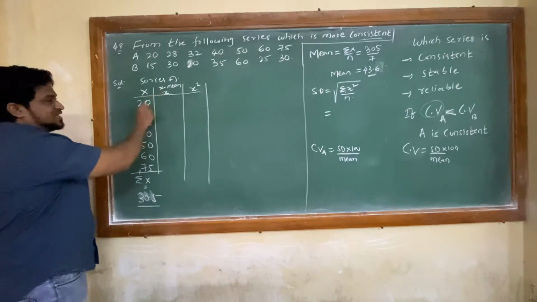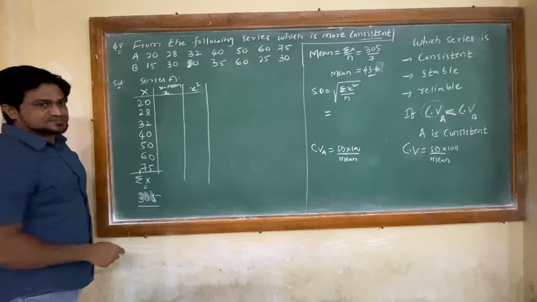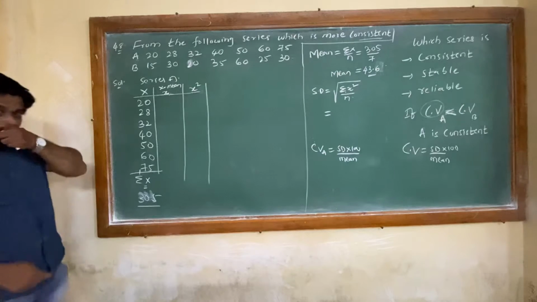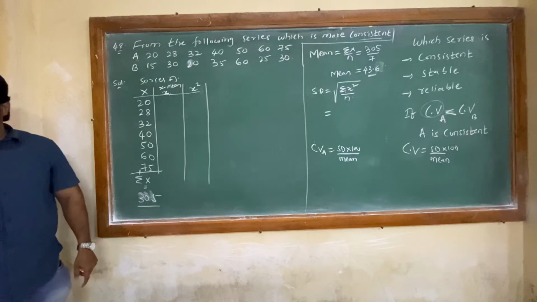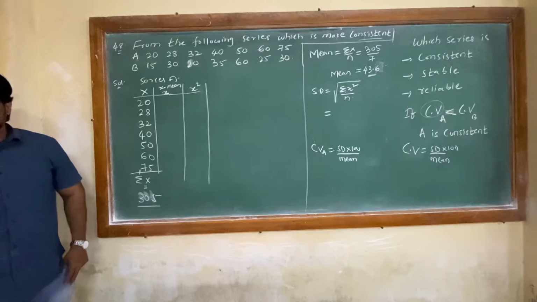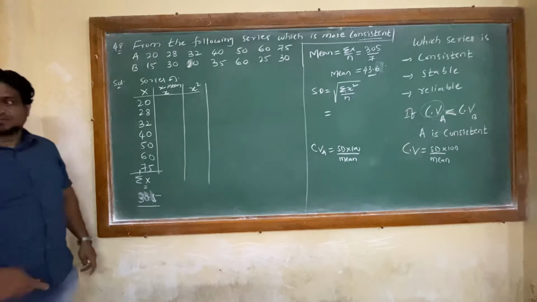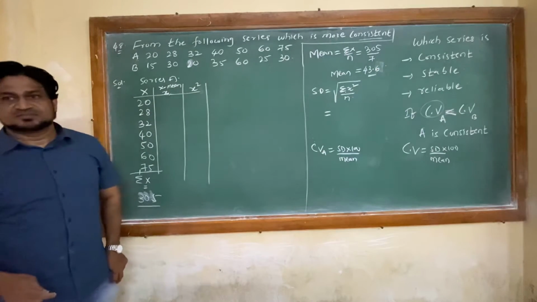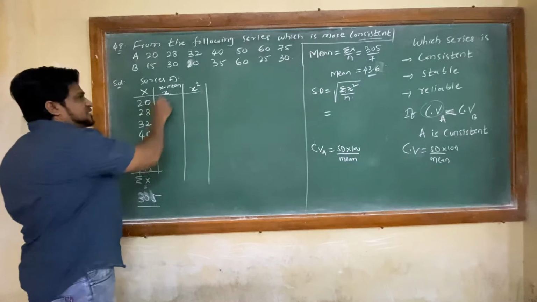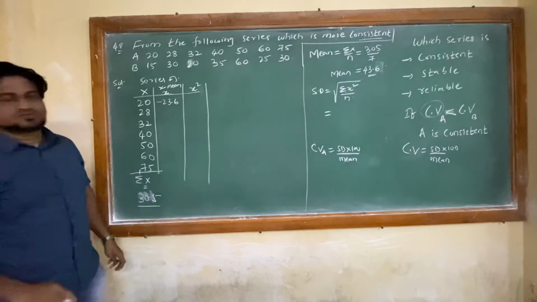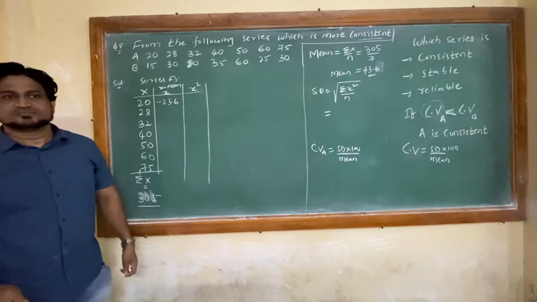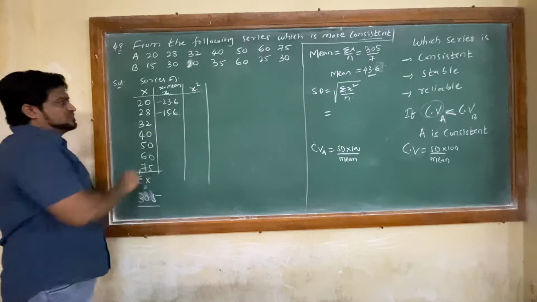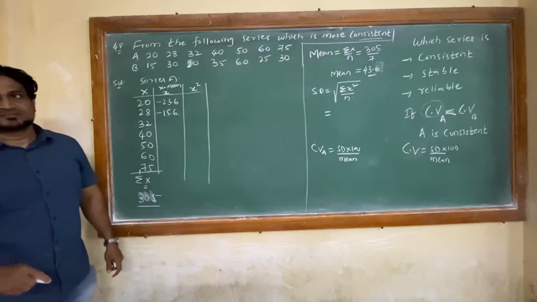Small x square, x minus mean: 20 minus 43.6. If anyone has a phone and is in the group, I have sent the answer of the morning session. They can tell the values by seeing that. 20 minus 43.6 is minus 23.6. 28 minus 43.6. 32 minus 43.6.